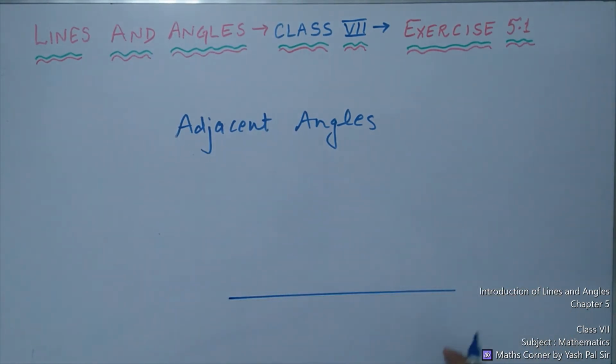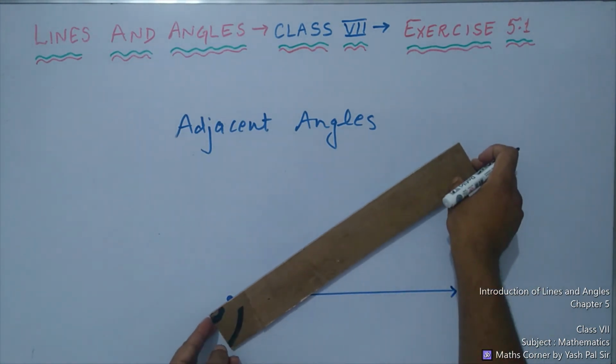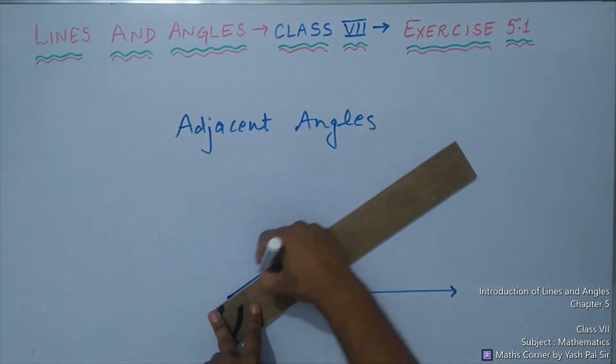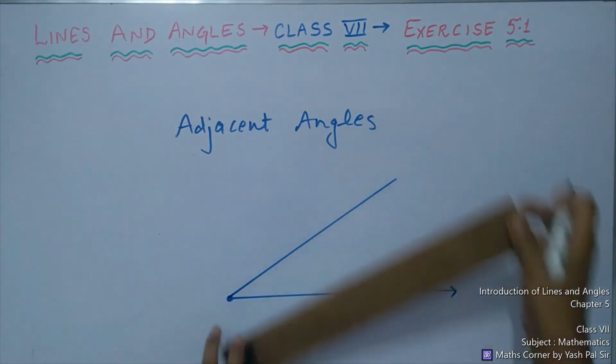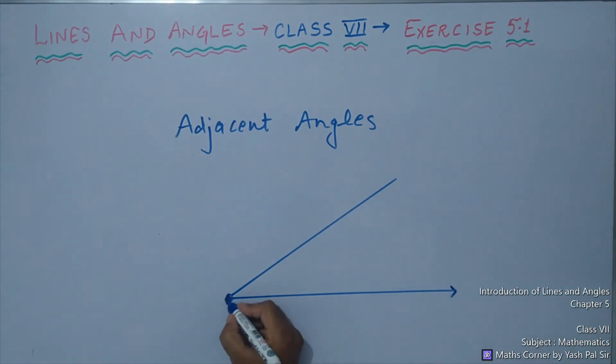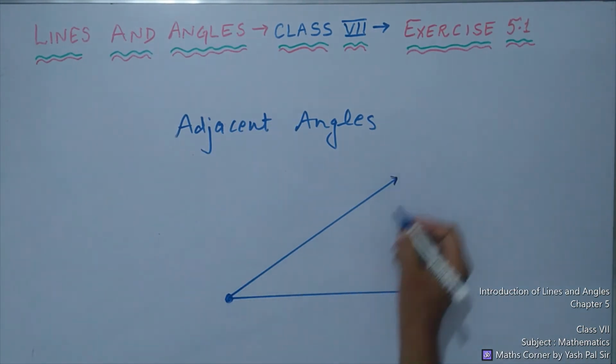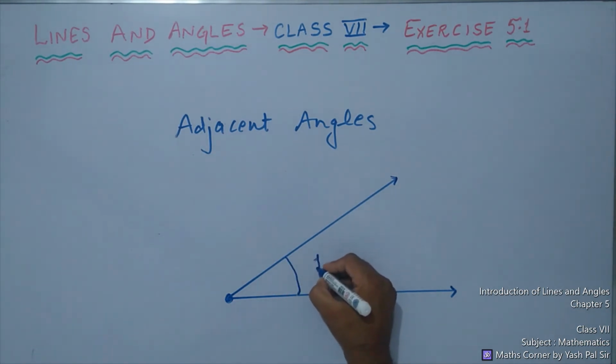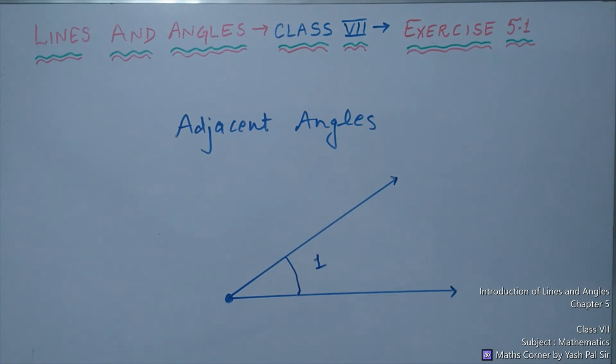For one angle we need a ray, an initial point, and thereafter a second ray which starts from the same initial point, the same starting point. So this is the first angle. Suppose the name of this first angle is 1, right?